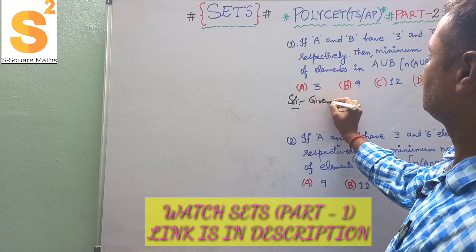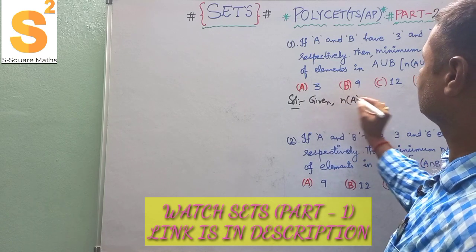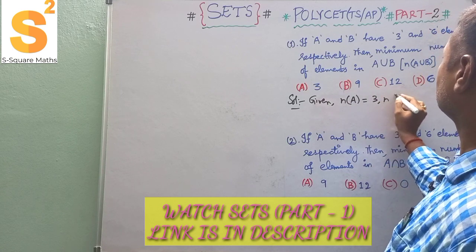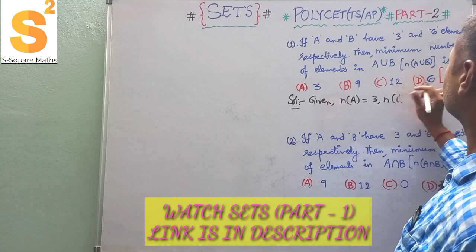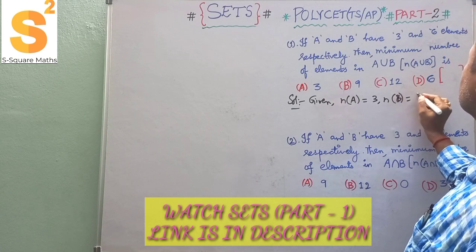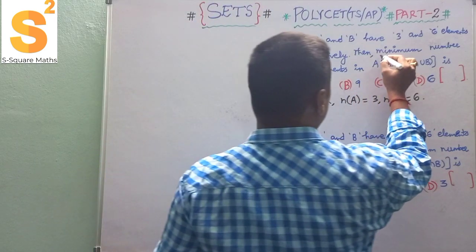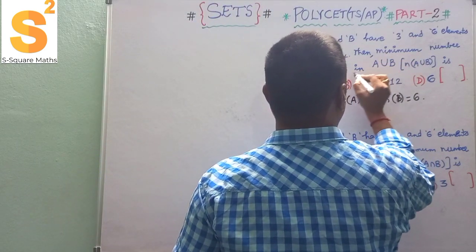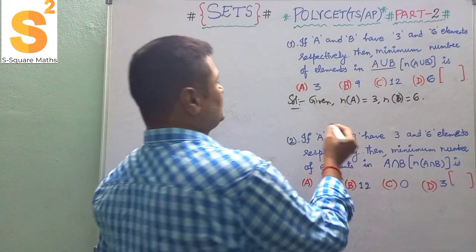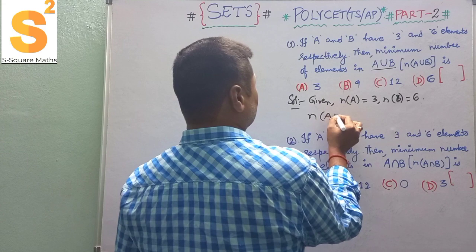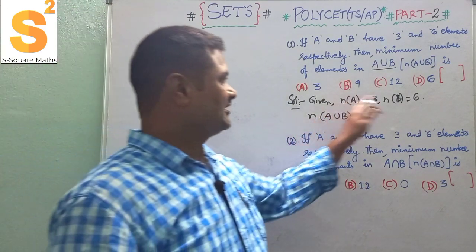Given n of A is 3 and n of B is given as 6, but they are asking the minimum number of elements in A union B. So n of A union B, 3 elements and 6 elements.